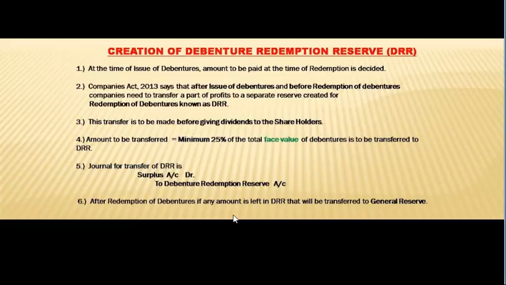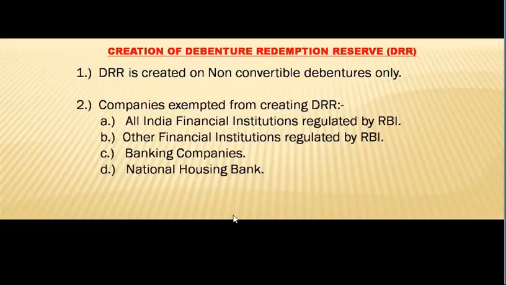Right? Two more small points. DRR is to be created on the non-convertible debentures only. That is, the debentures which cannot be converted into shares or equity shares or preference shares or any other debentures, which are non-convertible, only on that part we are going to create DRR.